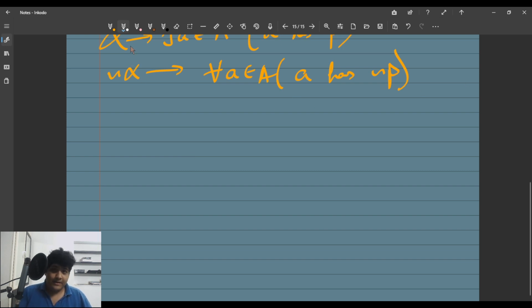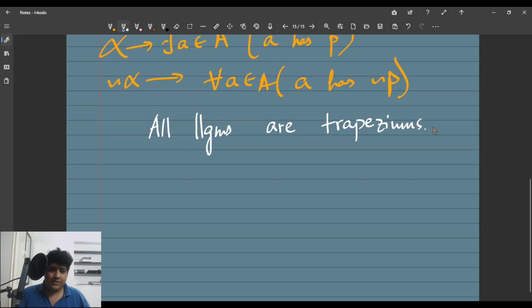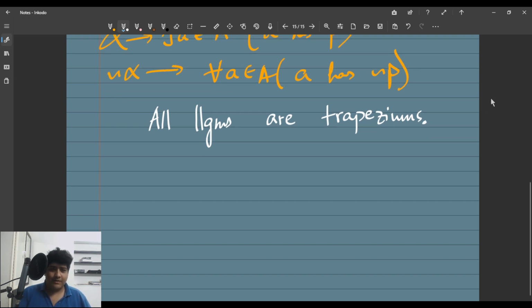So in the previous few examples in a previous lecture, we saw a statement: all parallelograms are trapeziums. And we also looked at the idea of negating. I gave you a brief intro for the idea of negating, proving this thing wrong.